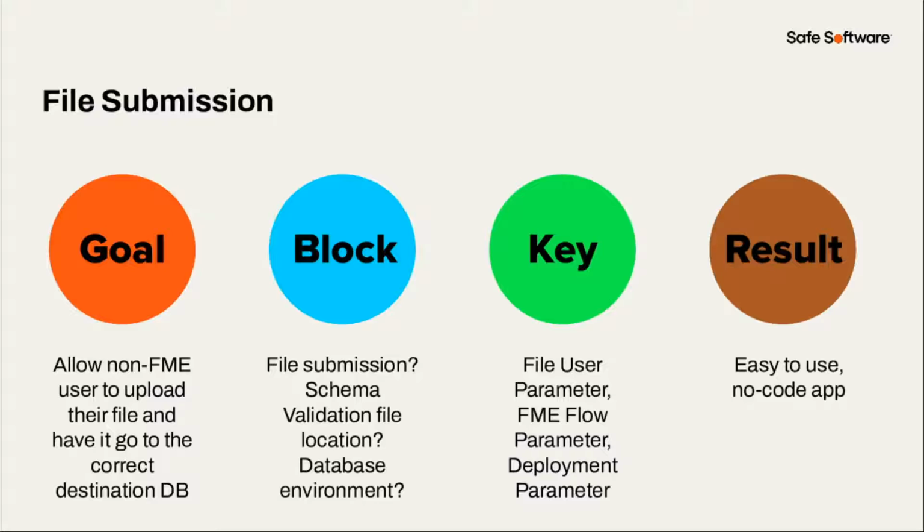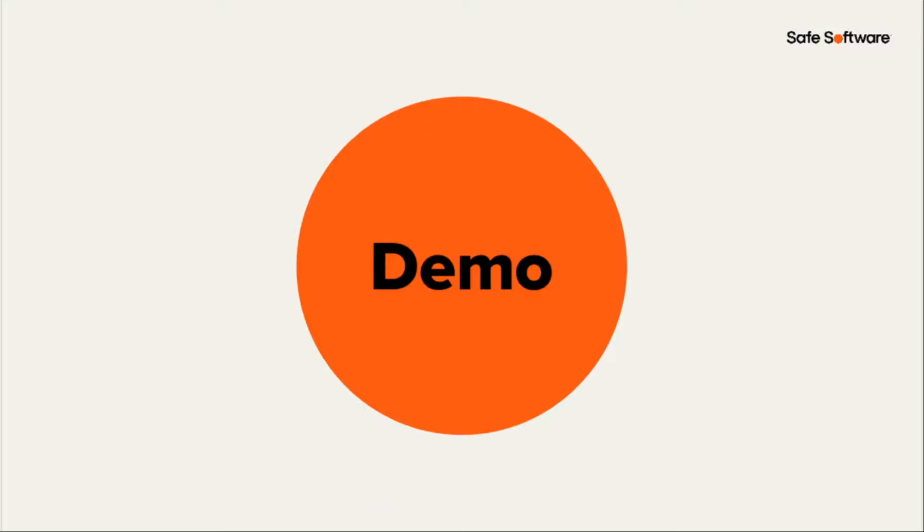How are we going to reference that when we're authoring our workspace, but also on FME Flow, and the database environment. So we have different database environments in our system for staging and production. So we want to point to the right one dynamically. So the key is going to be using a file user parameter, an FME Flow parameter, and a deployment parameter. And we'll take a look at this demo now.